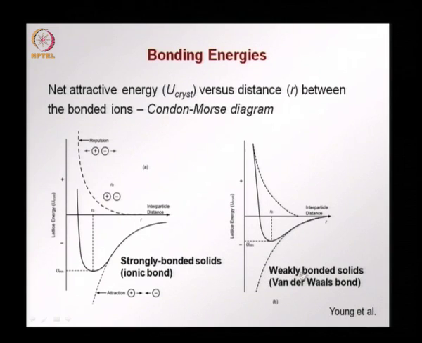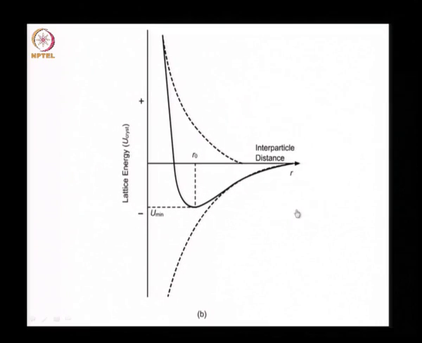We have also a similar diagram, but with different values, in the case of a weakly bonded solid. We find that the diagram has a similar shape, but the value of this minimum lattice energy is less, that is, this well is less deep, or shallower.